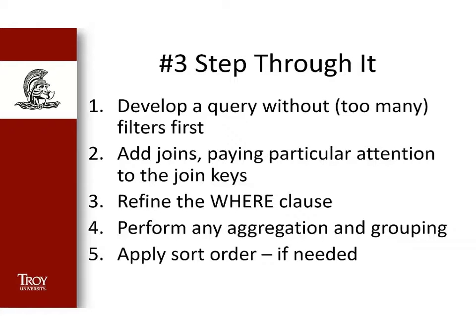Secondly, we may add joins, paying particular attention, of course, to the join keys, which again, in many circumstances, will relate to the primary and foreign keys used to define the relationships between our tables. Third, we will refine the where clause to make sure that we filter out any rows that are not needed. In a fourth step, we may perform aggregation and grouping, and possibly even further filtering using the having clause. And finally, and only if needed, we will apply a sort order.